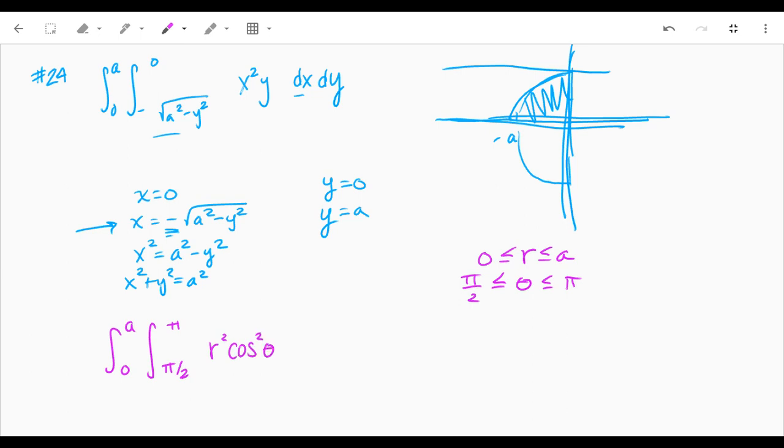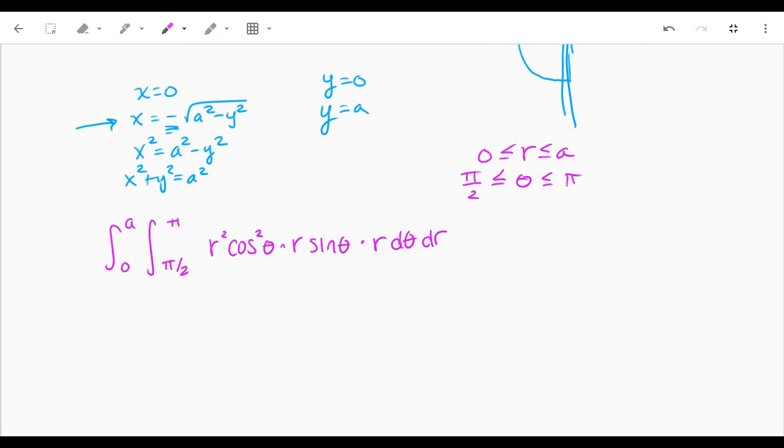Y would be r sine theta. And then we have our r d theta dr. Okay, so we've got 0 to a, pi over 2 to pi. We have an r to the 4th, cosine squared theta, sine theta, d theta, dr.